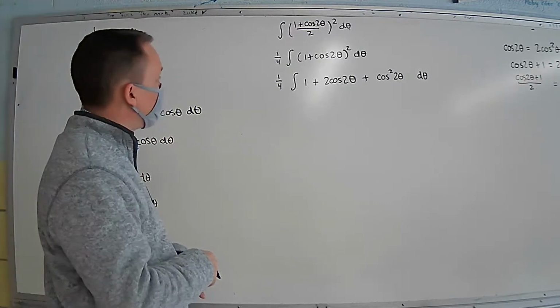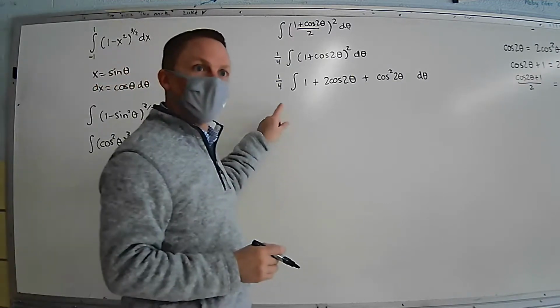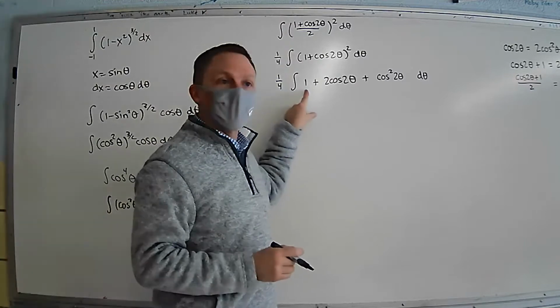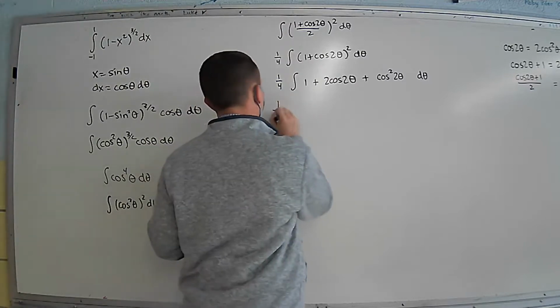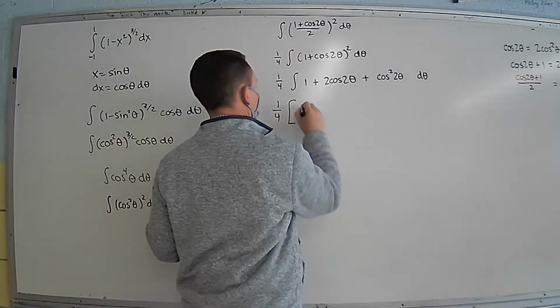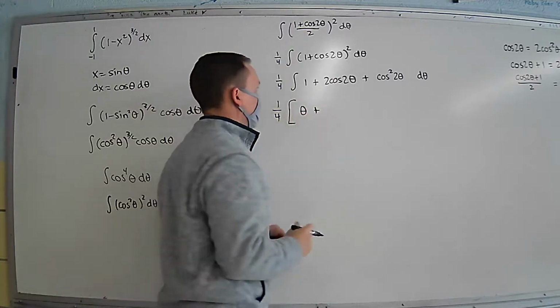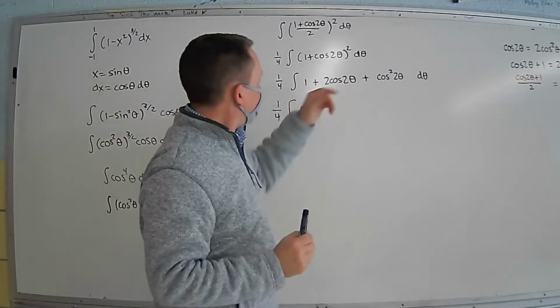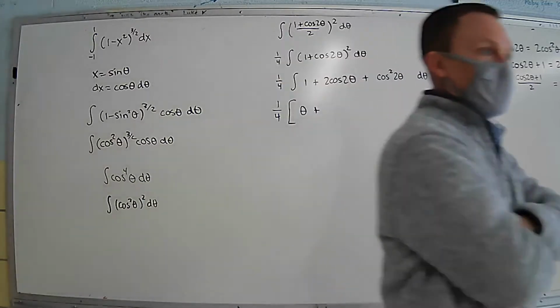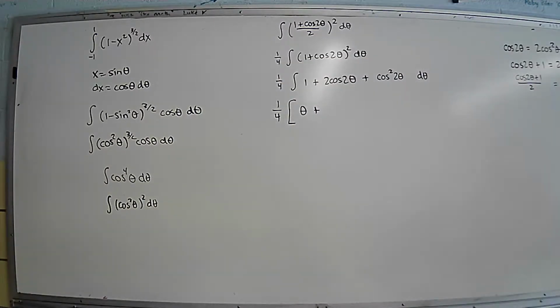Okay. Can I do each one of these? What's the antiderivative of 1? It's theta plus. What's the antiderivative of 2 cosine of 2 theta? Now you can do it in your head, or if you have to do the little u substitution, do it.